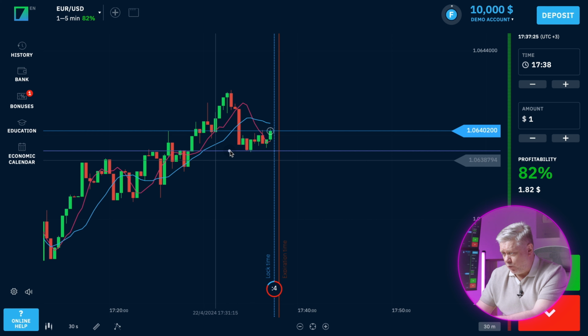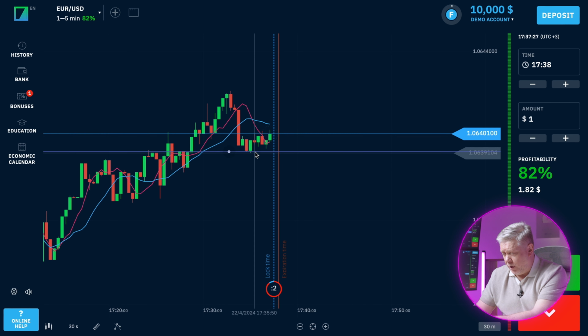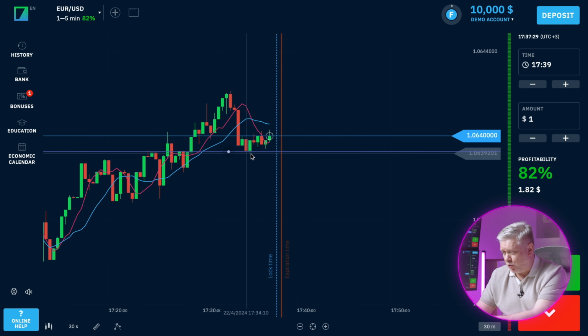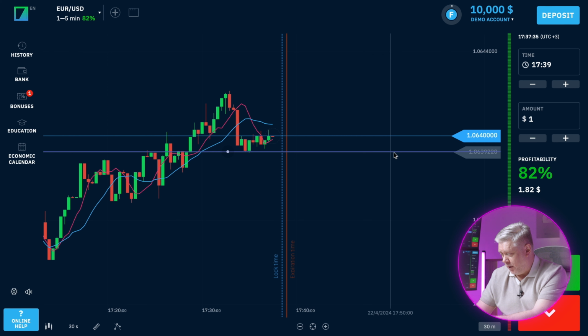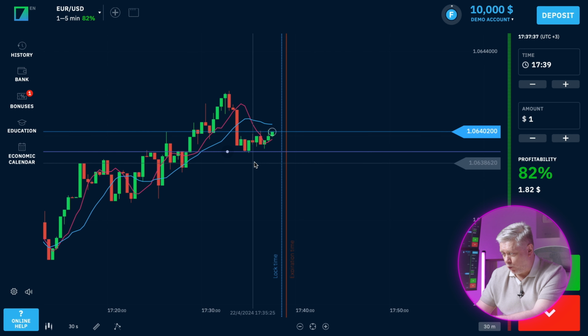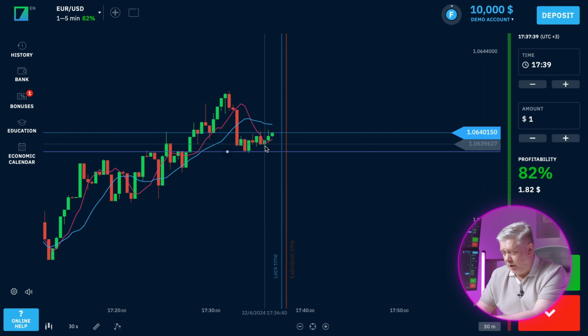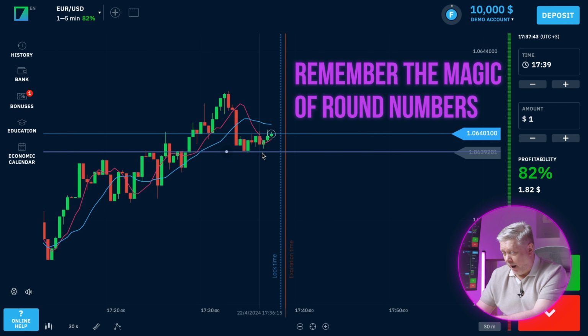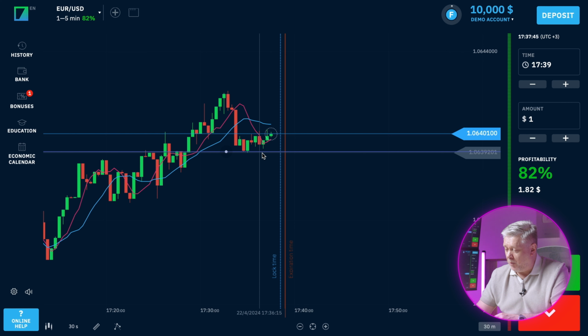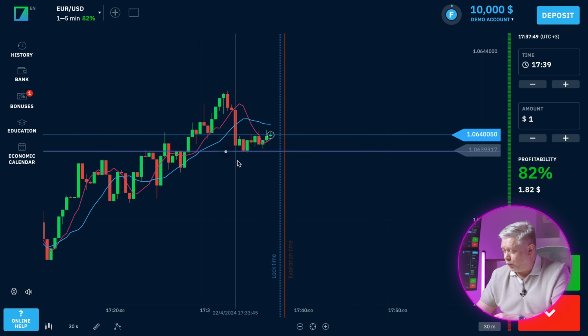So, in our case, we see a small price suspension near the level of 1.064. Please note that I'm rounding the figure to 1.06, but based on the principle of the magic of round numbers, I determined this level as 1.04.